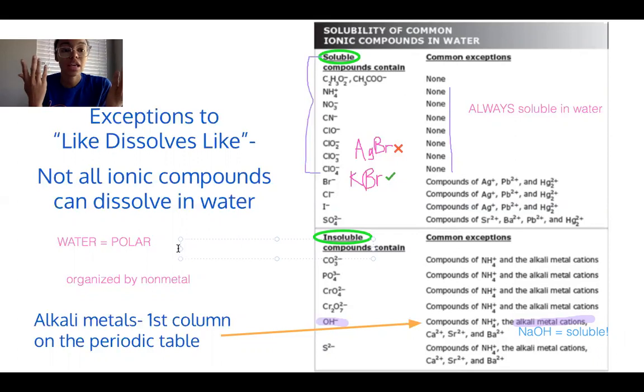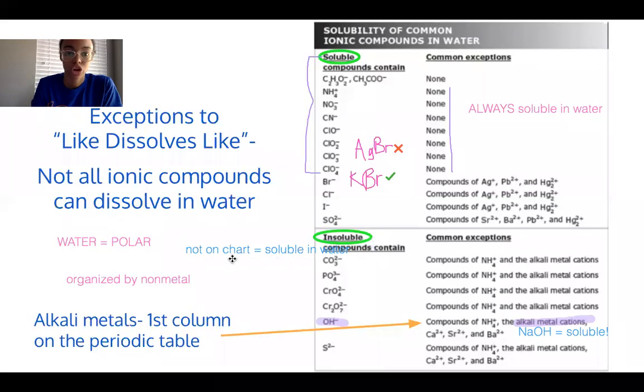So we should think that they all should be soluble in water, which is polar. Because if it has charges, polar, water, polar. So that being said, if there is something you do not see on this chart, you should assume it's a normal ionic compound, not an exception. Therefore, it is going to be soluble in water.